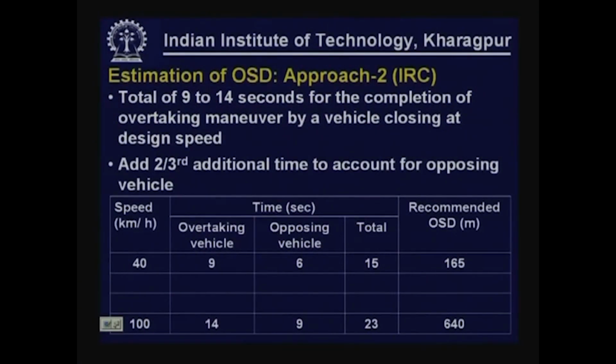IRC suggests that add 2/3 of this time to account for vehicle from opposite direction. Ideally, it should be that complete time, not 2/3 time, but if we take the complete time, then the design requirement or the minimum required value will be higher.